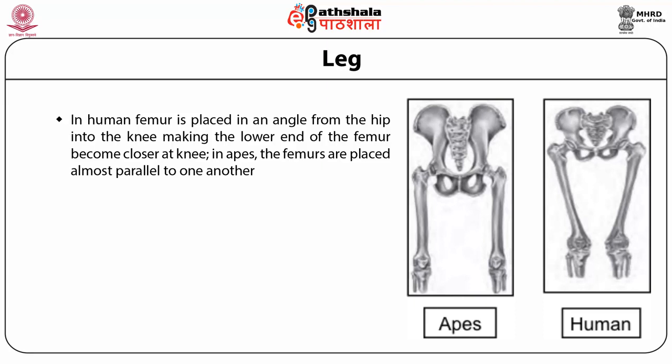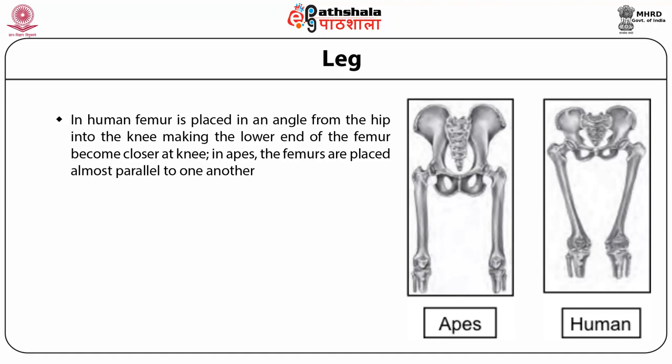In apes, the femurs are placed almost parallel to one another. This makes the angle formed by the head of the femur and the axis of the femur larger in humans compared to that of apes. This change gives efficient striding and less energy loss during walking in humans compared to apes.